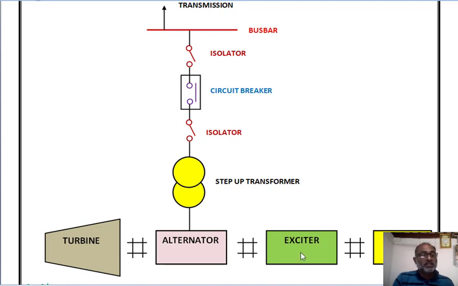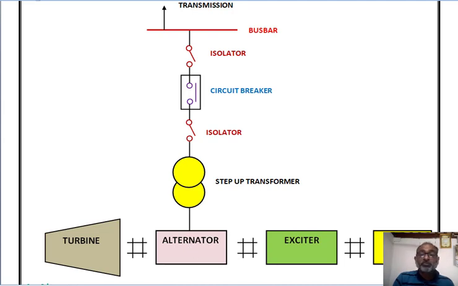Now next, the exciter. The exciter is nothing but one type of DC generator which is directly connected to the alternator, and sometimes we use a gear system to connect this exciter with this alternator. This exciter generates DC power which is required for the field winding of the alternator.